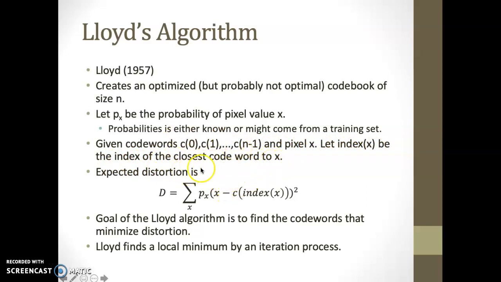Of course, if you apply any lossy method, there will be an expected distortion. You can calculate the distortion by x minus C index x. The distortion is the difference in pixel value between the original and the decoded image.